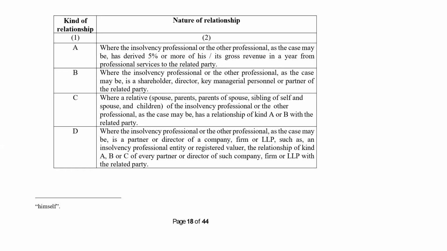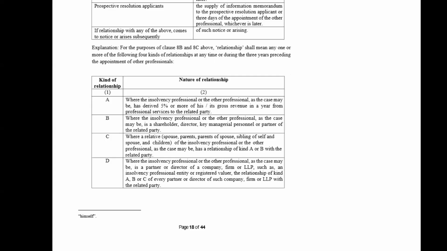D. Where the insolvency professional or the other professional, as the case may be, is a partner or director of a company, firm, or LLP, such as an insolvency professional entity or registered valuer, the relationship of kind A, B, or C of every partner or director of such company, firm, or LLP with the related party. तो ये रिलेशनशिप अगर है तो आपको डिस्क्लोज करना है.